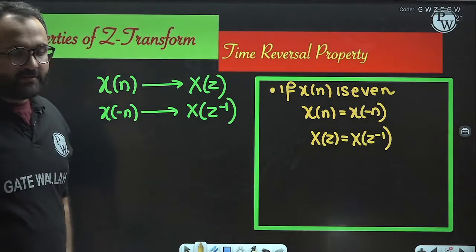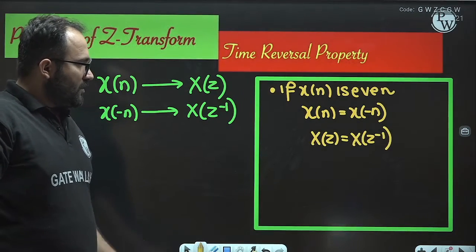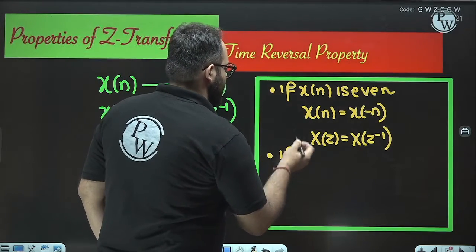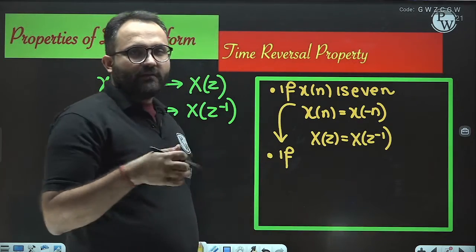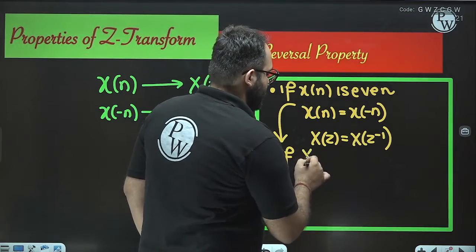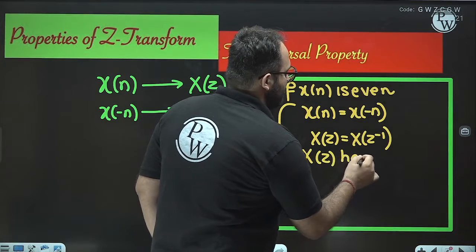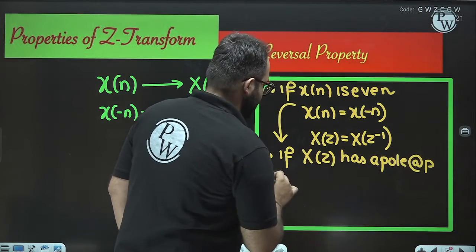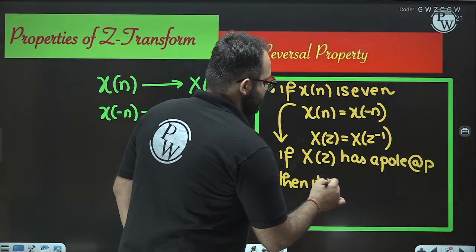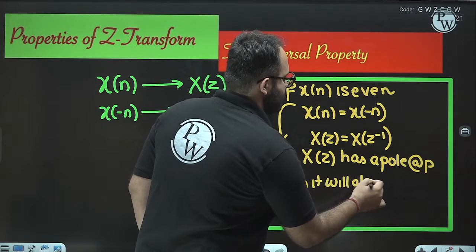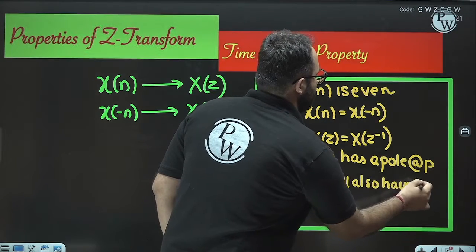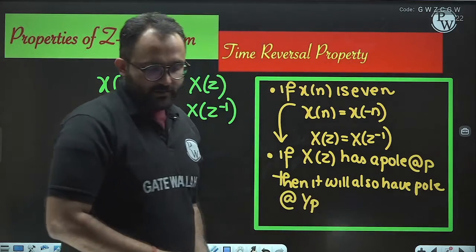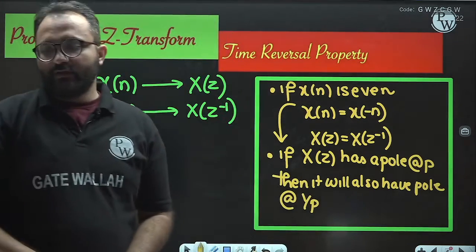So for an even signal, if X(z) has a pole at P, it will also have a pole at 1 upon P. Remember this property. This is a very important property.